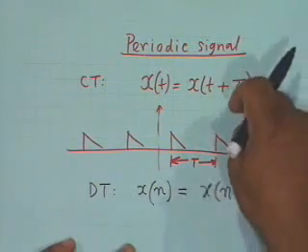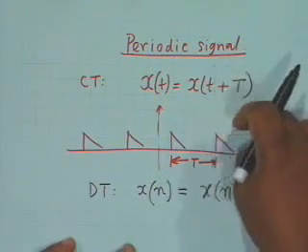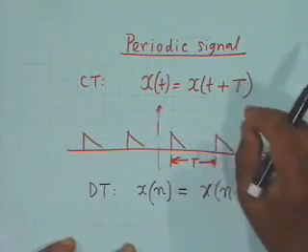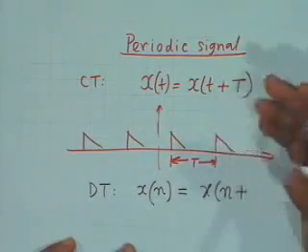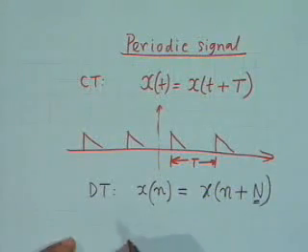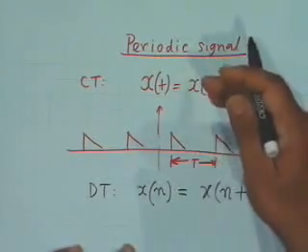In the case of a continuous time domain, there is no constraint on capital T. Capital T could be an integer, could be a general number. It could be a fraction, it could have a characteristic, it could have a mantissa. Whereas in the case of a discrete time signal, this capital N must be an integer. This is the basic difference between a periodic continuous time signal and a periodic discrete time signal.